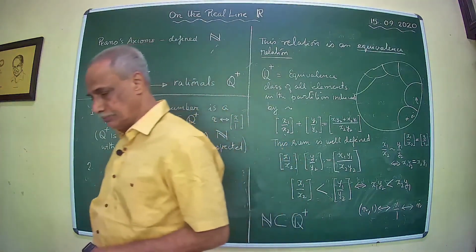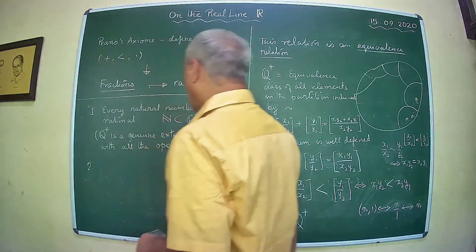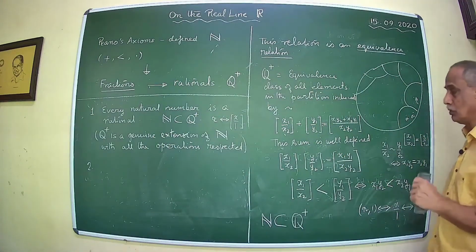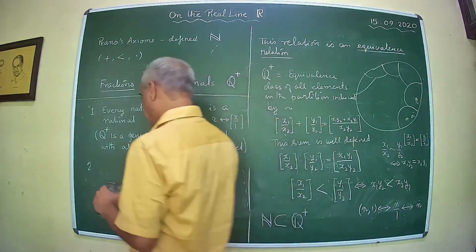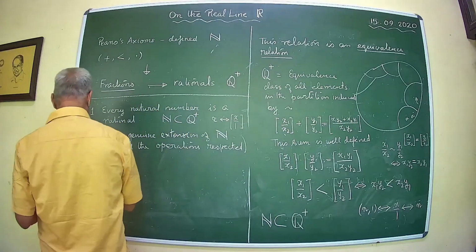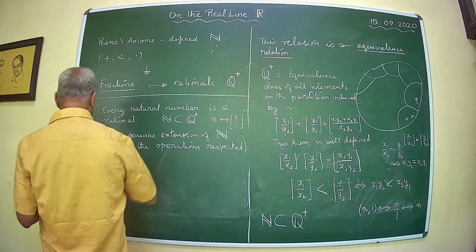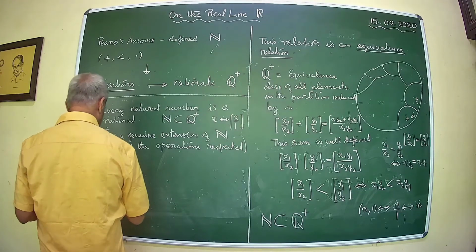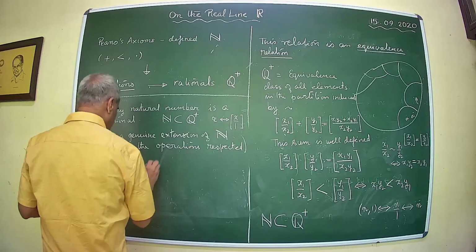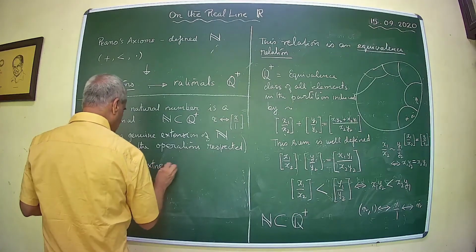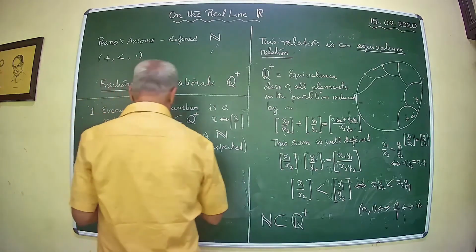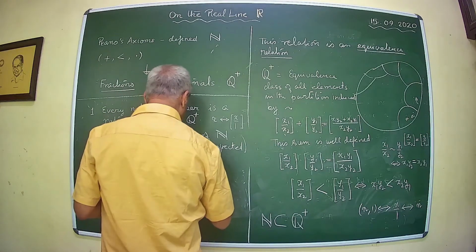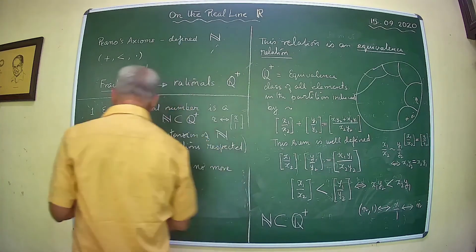What do you have? One casualty that you have is nextness. It is no more true.